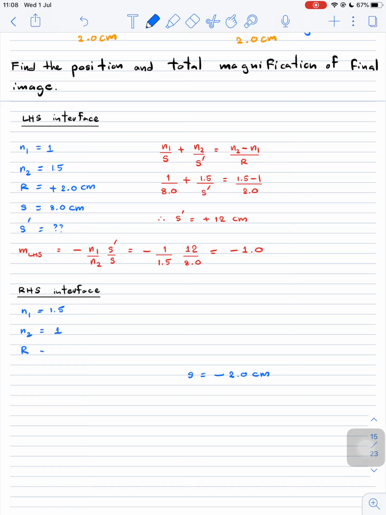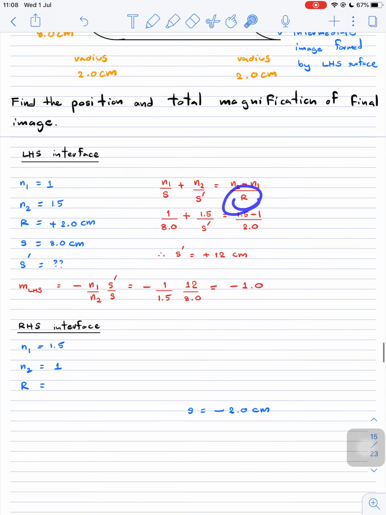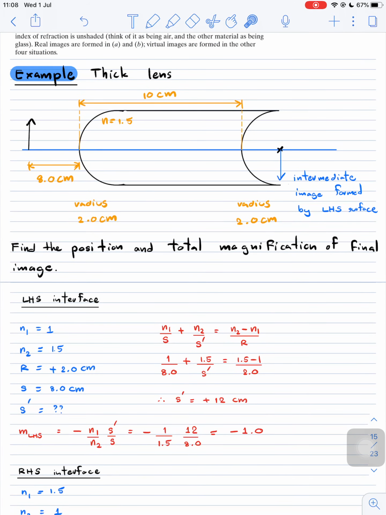But now for R, the radius of curvature. This is the center of curvature of the second interface and it is on the same side as the refracted ray as well. This is the refracted ray, and this is the center of curvature.